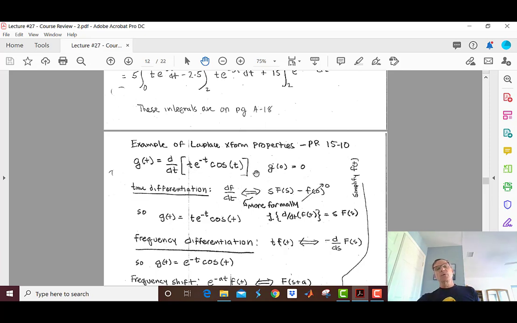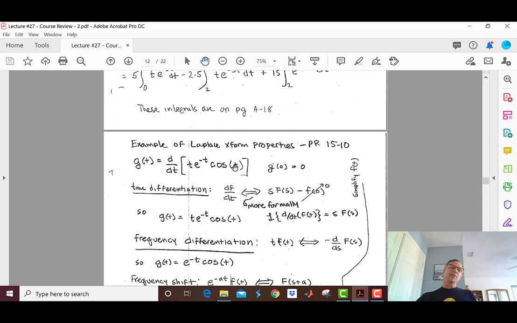So I find that when I'm doing Laplace transforms in industry, I typically spend more time with the properties than I do the actual Laplace transforms. The tables on Wikipedia, or for me in my CRC table of mathematical formulas, which is what old people have, it's got some pretty cool Laplace transforms in it.